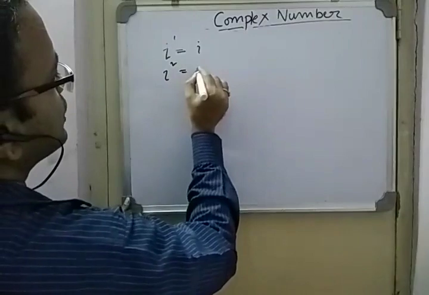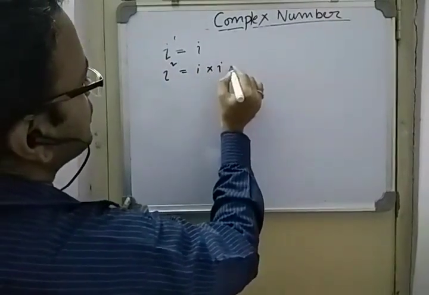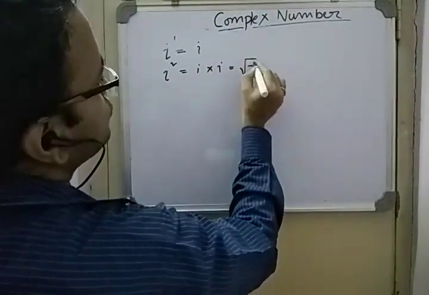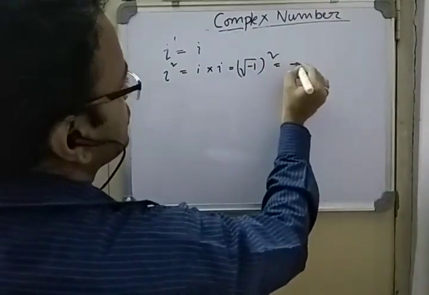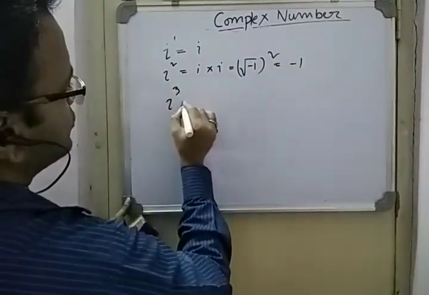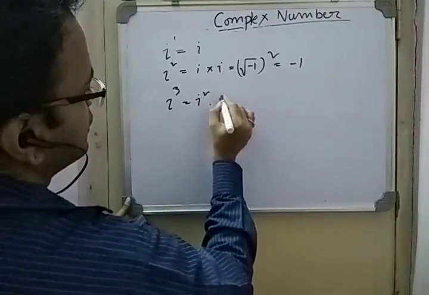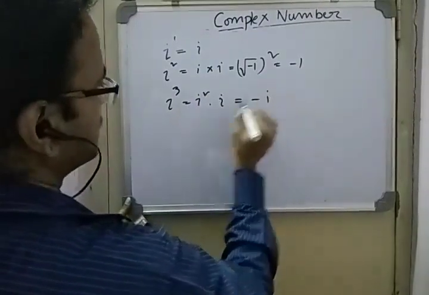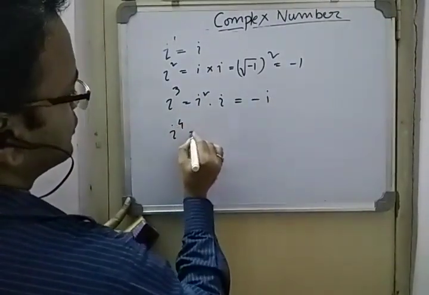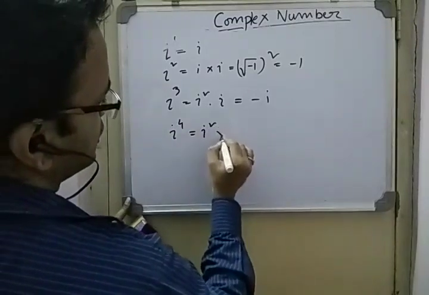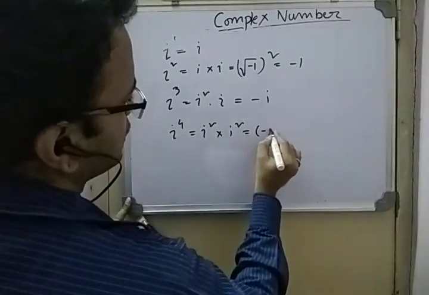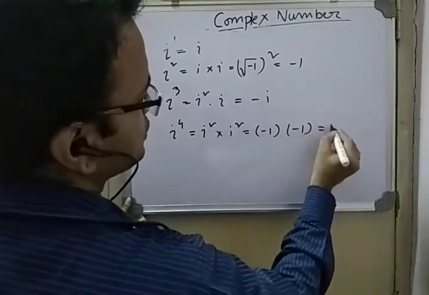I square is what? I into i, actually it is root over minus 1 squared, equal to minus 1. I cube is what? I square into i, so it is minus i. I to the power 4 equals i square into i square, so minus 1 into minus 1 equals 1.